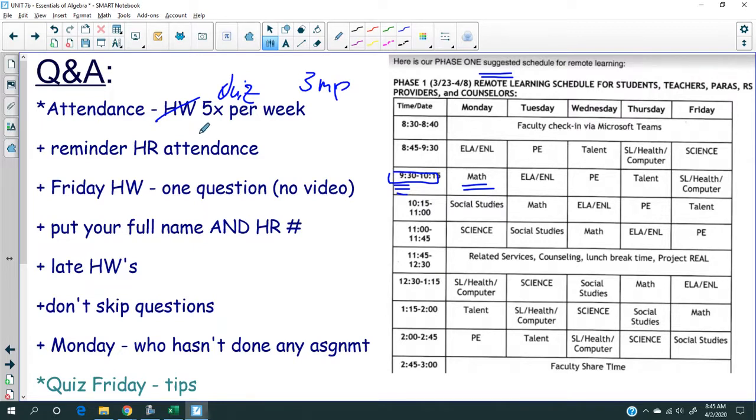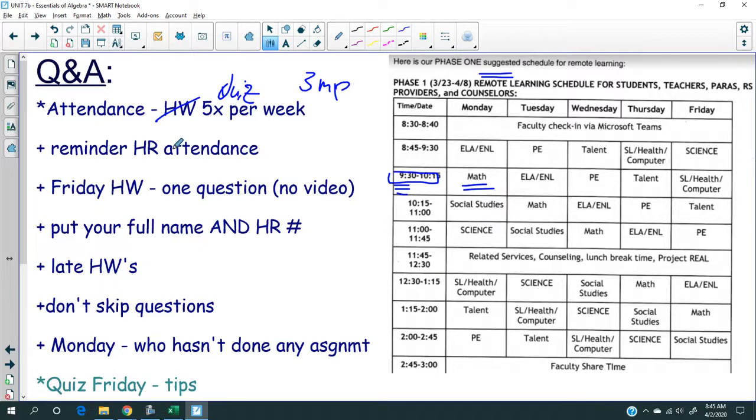You go in there, you accept the invitation on Google, and then you go in there. There's going to be an assignment every day for attendance, and all you have to do is go into that assignment and press hand in or something, I think. I don't know how the different teachers are doing it, but for my homeroom, all they have to do is go in.